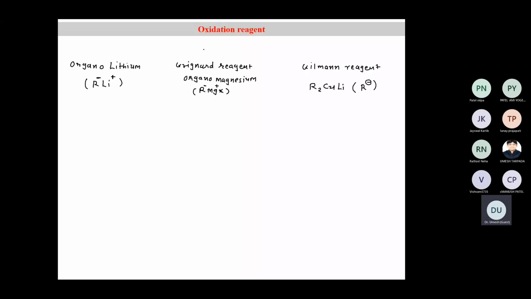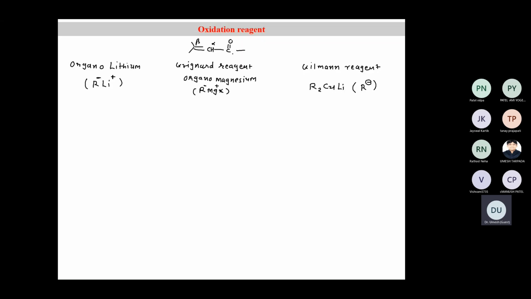Now all these reagents react with an alpha beta unsaturated carbonyl compound. This is an alpha beta unsaturated carbonyl compound, so there are two double bonds. One is the carbon oxygen double bond, another is the alpha beta double bond.